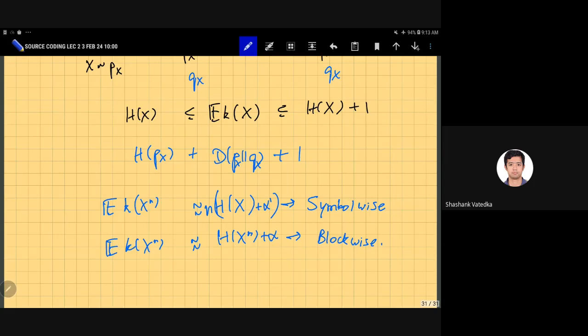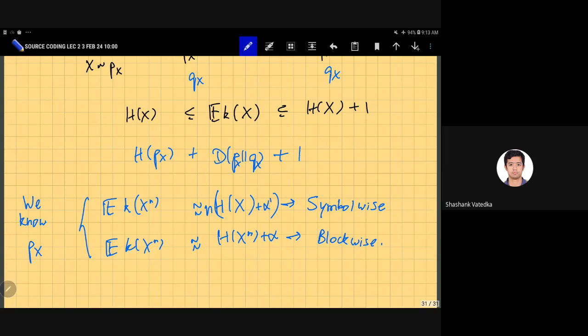All right, but of course, all of these are on the assumption that we know Px. And as I mentioned earlier, even though we don't know Px, if n is sufficiently large, then we can estimate Px reliably by looking at the empirical frequencies and constructing the code using the empirical frequencies.